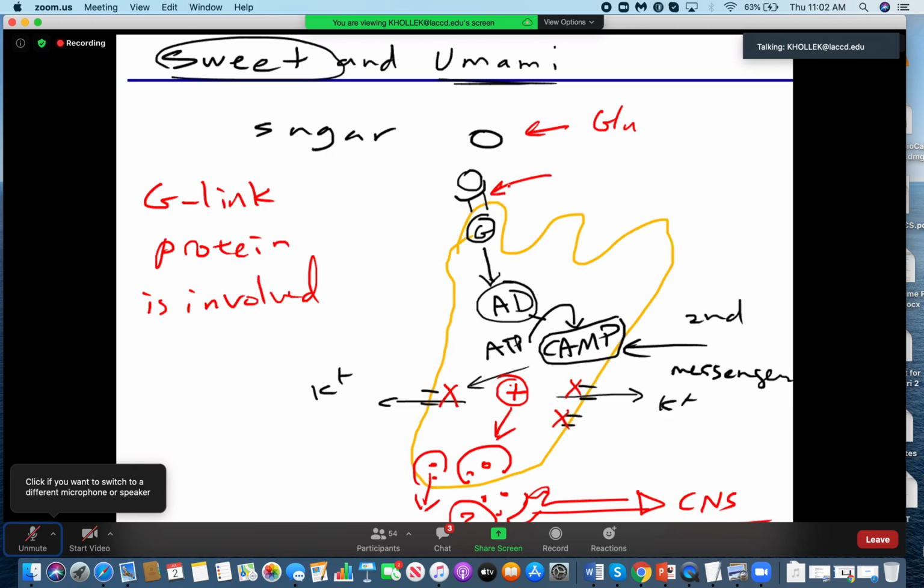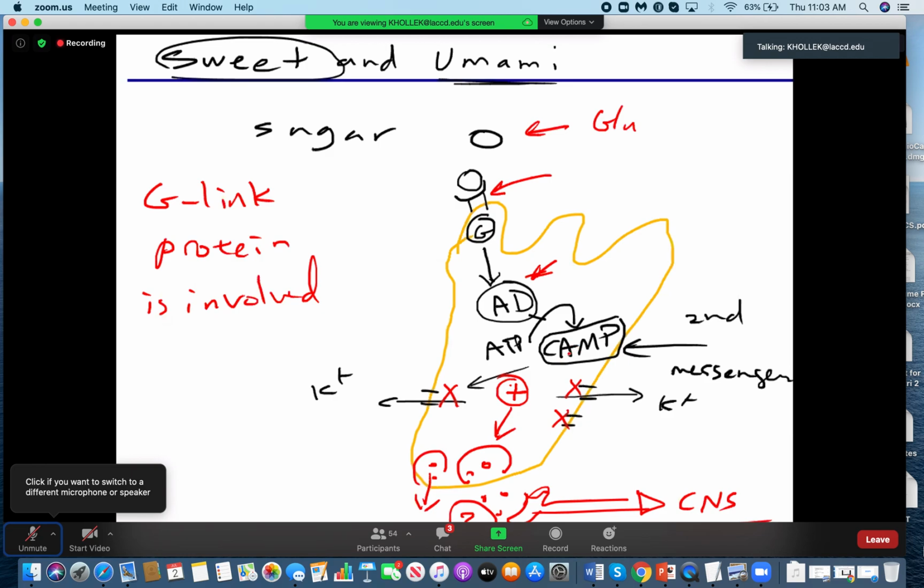G protein can activate adenylate cyclase. All right, AC for adenylate cyclase, which can trigger hydrolysis of ATP. This is an enzyme that can break down the ATP to cyclic AMP. Cyclic AMP is the second messenger.